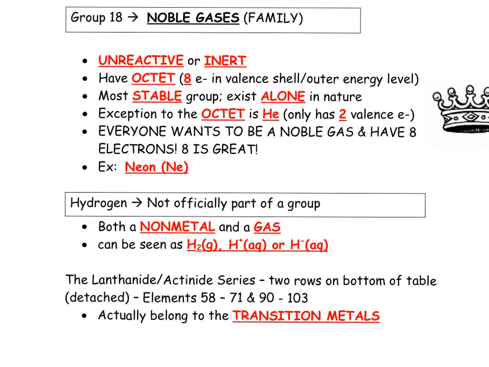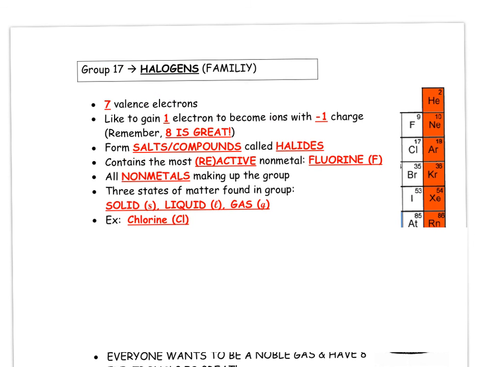The group 17, they have 7 valence electrons, so they're always on the hunt. They're always looking for somebody to give them that last valence electron. I failed to mention when we were talking about the group 17 elements that they also have another really cool feature. The halogens are elements at STP, standard temperature and pressure.